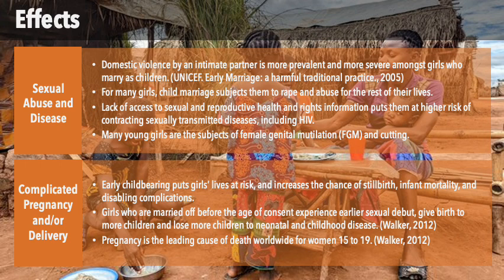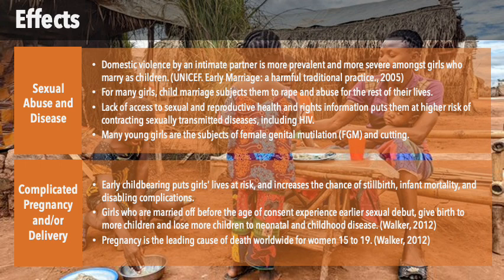They're children. For many girls, child marriages subject them to rape and abuse for the rest of their lives. And then the lack of access to sexual and reproductive health and rights information puts them at a higher risk of contracting sexually transmitted diseases, including HIV.